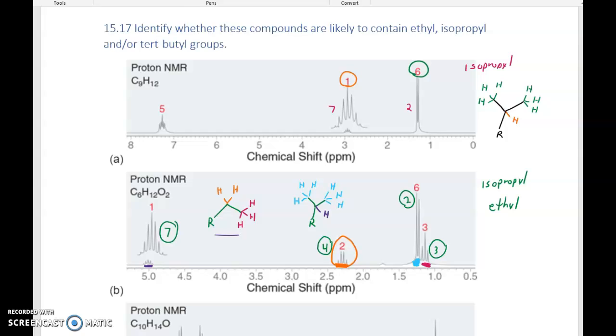The pink protons, there are 3 of them, and they're being divided into a triplet, and that appears here. The blue ones are part of the isopropyl group, and they are here. And that purple one is down here.